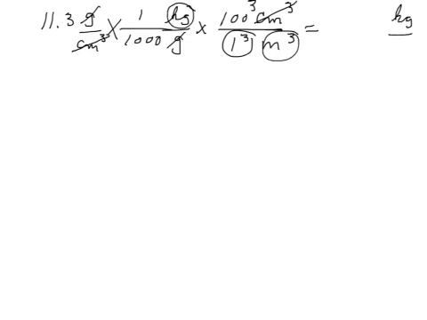And what are we left with for numbers? We have 1,000 in the denominator, and the 100 cubed, that's 1,000,000, or 1,000 thousands. So if you do the math, or put it on your calculator if you need to, you're left with 1,000 times the 11.3. So I started to write that too soon.